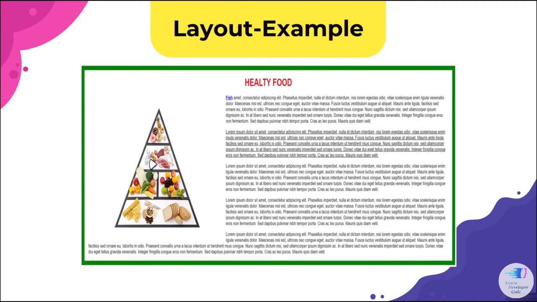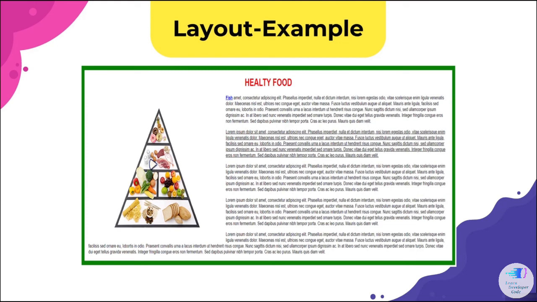So as you can see, there is a food pyramid image with some healthy food. And immediately on the right side of the image, we wrote some articles about them. So we have a header that says healthy food. Now here we've prepared a thick border framing our article. And we've tried to arrange the visibility of our article by changing the sizes and the colors of the words.